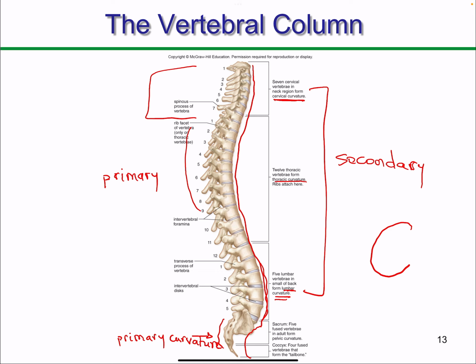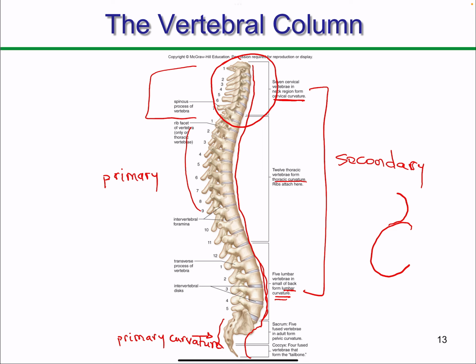Now, over time, the baby will start lifting their head up. As they lift their head up, you have this curvature that goes from primary to secondary. All right? That's the origin of the cervical curvature.